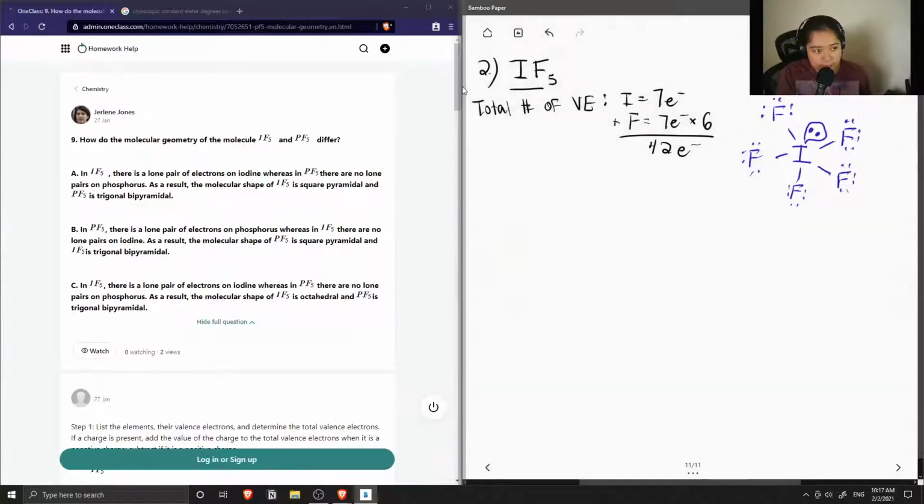Okay, so now that we have the Lewis structure, let's look at our central iodine atom and see how many bonding pairs it has and lone pairs. So there's 1 lone pair on iodine, and we have 5 bonded atoms.